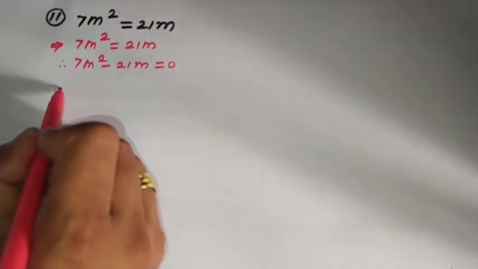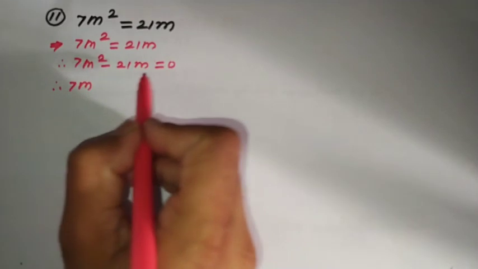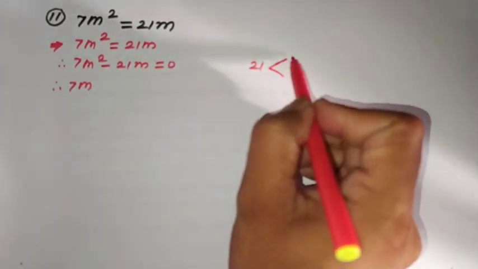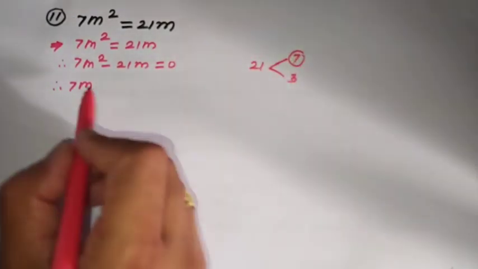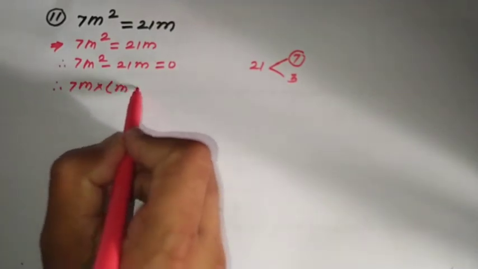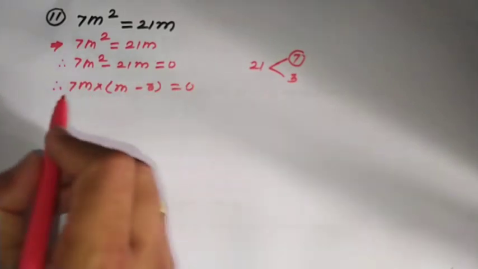Give the common factor of these two terms, 7m. 21 has factors 7 and 3, 7 is the common part. 7m is common, remaining m minus 3 is equal to 0.